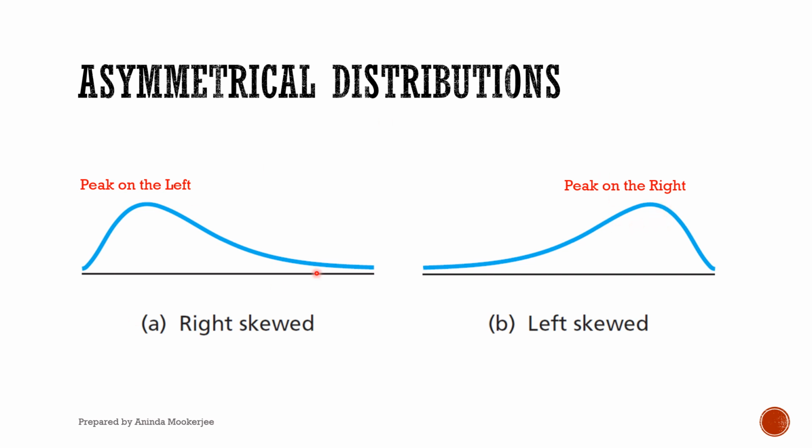So that's how you can remember the left skewed and the right skewed curves. A right skewed curve will have a long tail to the right and a left skewed curve would have a long tail to the left. And these are, as you can see, not symmetrical distributions. These are asymmetrical distributions.